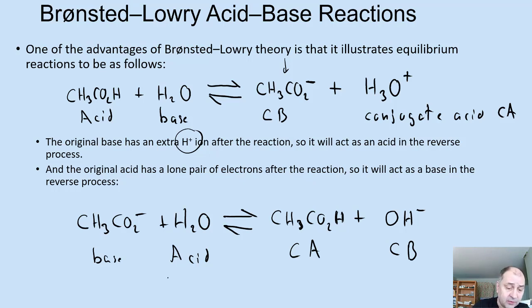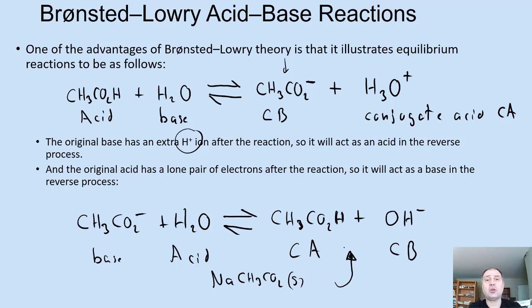So also, if we had a salt of acetate, like sodium acetate, right? If we took some solid and we dissolved it in water, we would get this exact reaction, right?